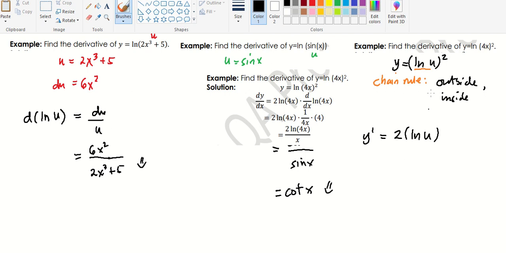Okay. So, yung outside natin, ito yung tignan natin yung nasa labas. Para siyang nasa basket. Yung nakikita nating basket, ito yung outside na tukoy ko. Yung loob nun, yung laman nun, yun yung ln u. Okay? So, this time we have 2 ln u kasi yan po ay parang power rule kung po natin i-gawin. And then, i-derive natin yung inside.